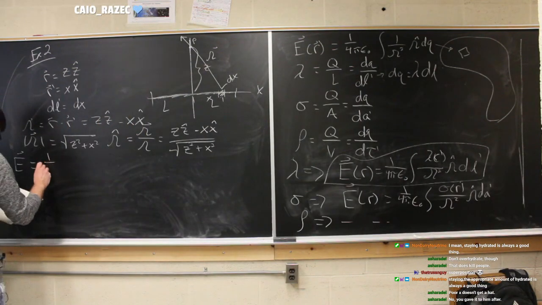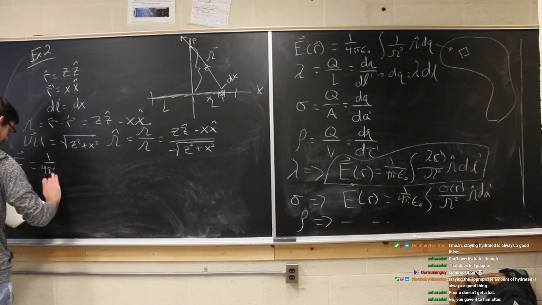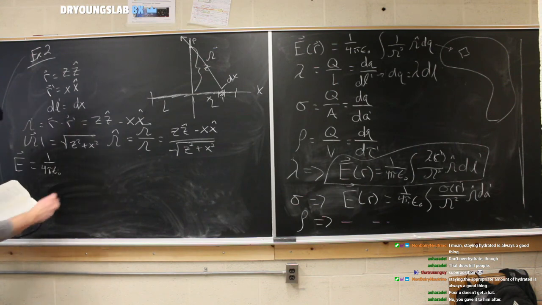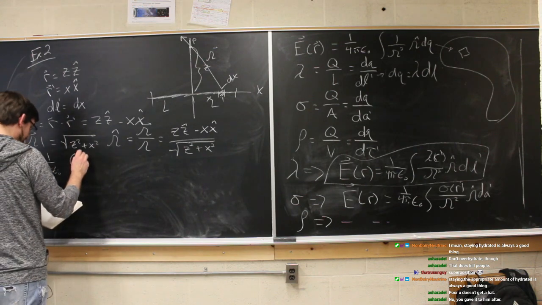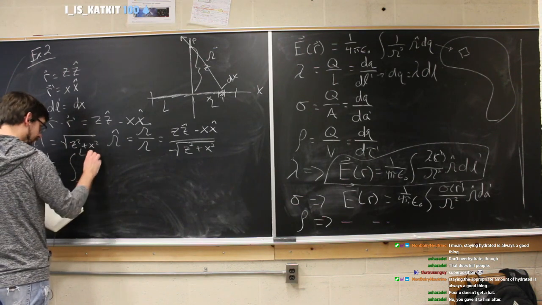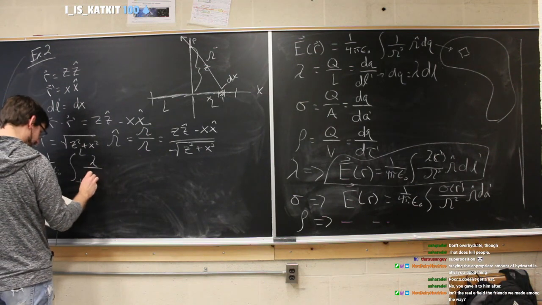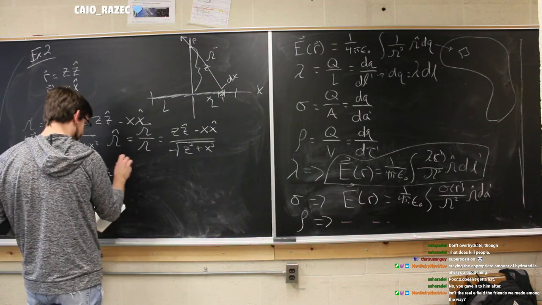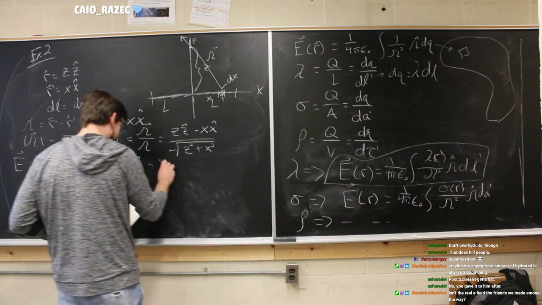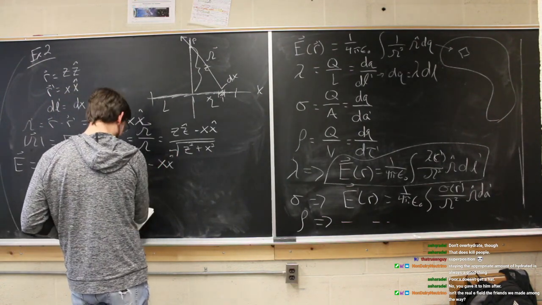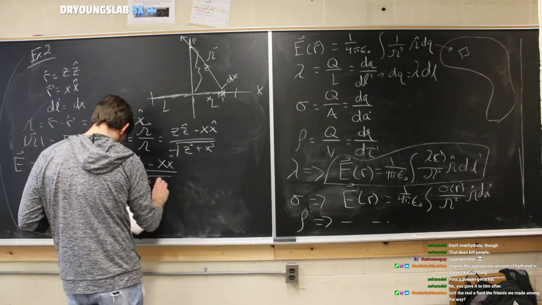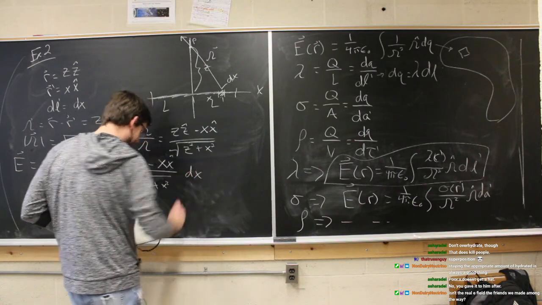And we get 1 over 4 pi epsilon naught, times the integral from minus L to L of lambda divided by z squared plus x squared, times z hat minus x hat divided by the square root of z squared plus x squared, all multiplied by dx.